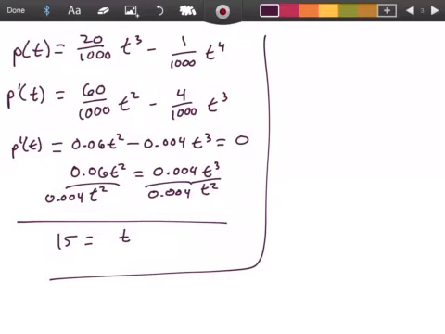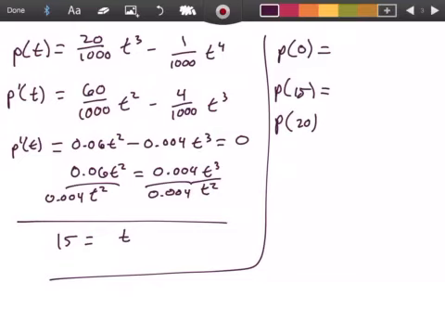With the fencing problem, we didn't need to do that because if the endpoint was one side of a fence, it wouldn't be a rectangular fence. So, long story short, we need to do the following evaluations. P of 0, P of 15, P of 20.